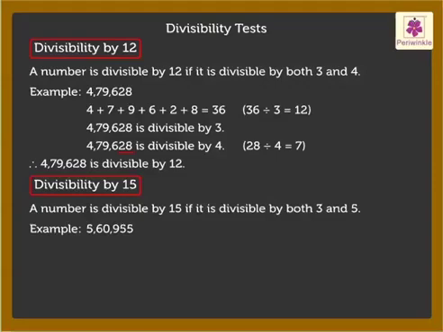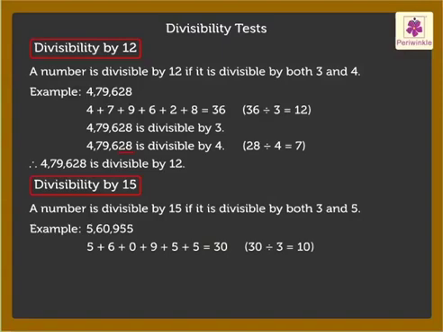Here, by adding the digits 5 plus 6 plus 0 plus 9 plus 5 plus 5, we get the sum as 30. 30 is divisible by 3.